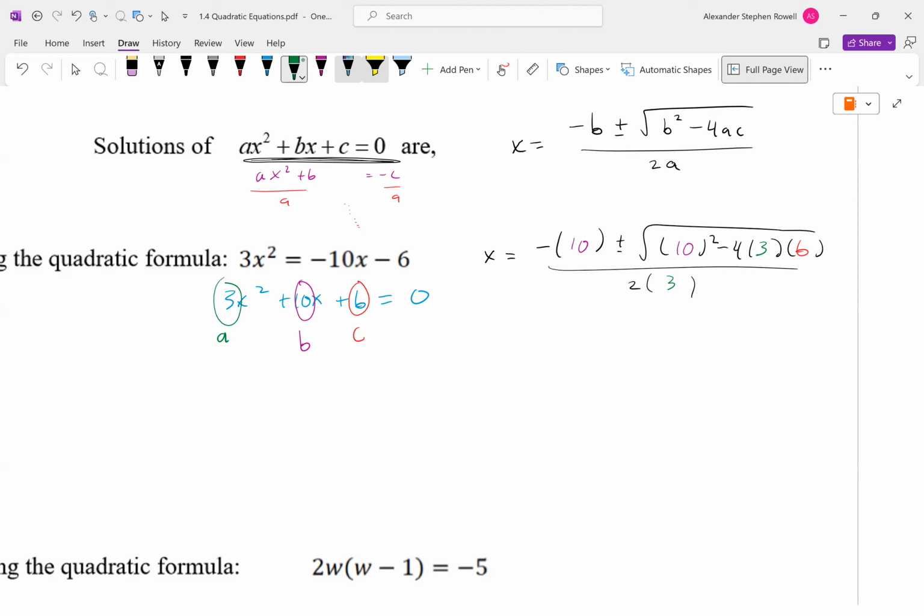Now we simplify. So in order to simplify, we'll write this as negative 10 plus or minus, what's 10 squared? 100, 4 times 3 times 6, minus 72. And I guess the arithmetic I won't spend a lot of time on because it's a calculator course.